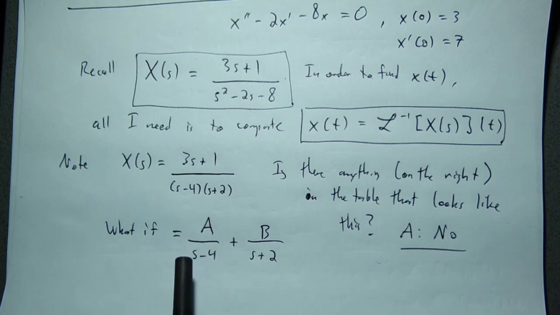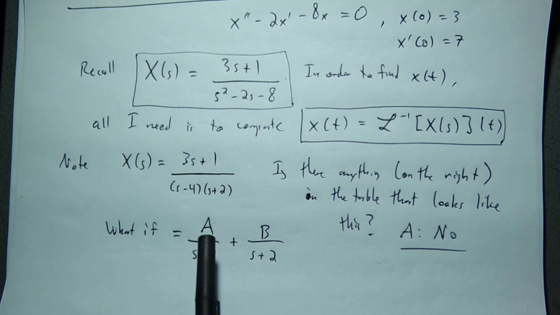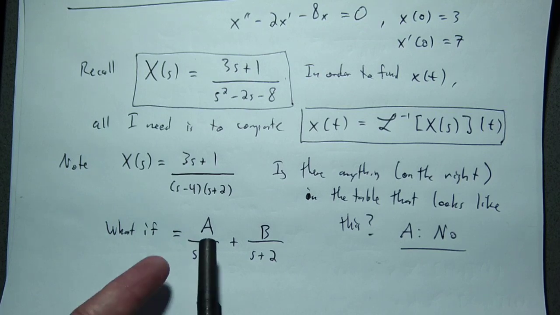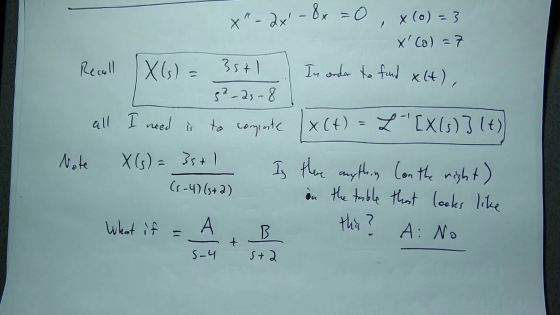Why do I say 1 instead of a? If a is a constant, then computing the inverse Laplace transform of a over s minus 4, I can pull a through it because it's linear. So I can pull constants through it. So really, I don't care that much about the a or the b here. All I care about is the 1 over s minus 4 and the 1 over s plus 2.